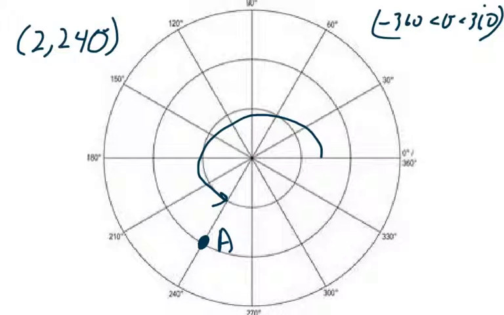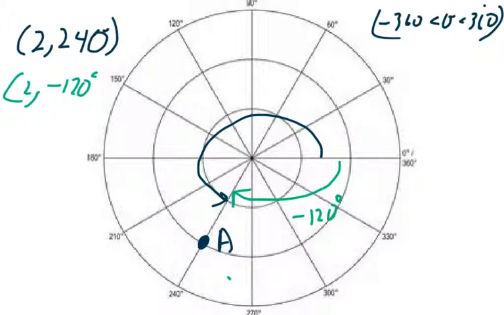If I went the other way, that's negative 120 degrees. And so that would be 2 comma negative 120 degrees.